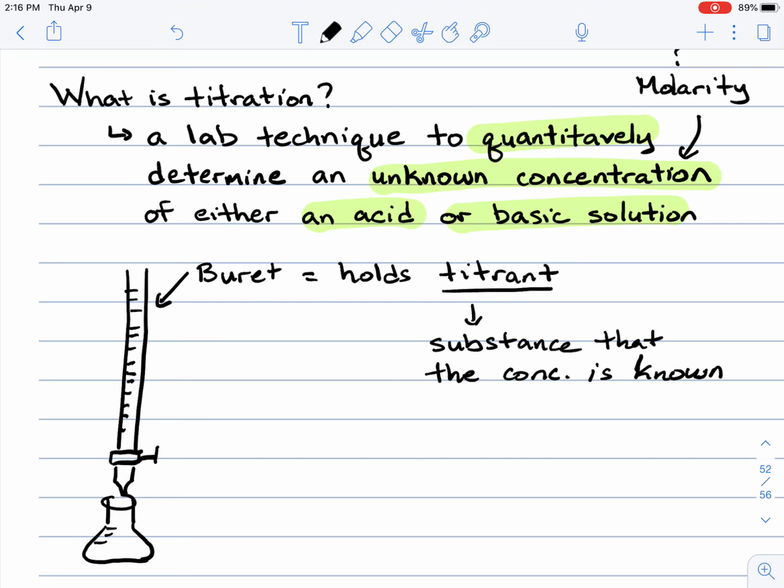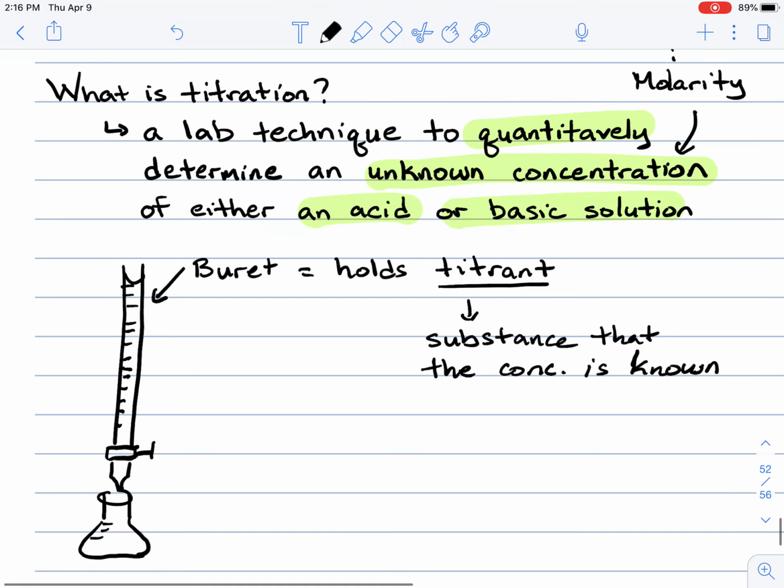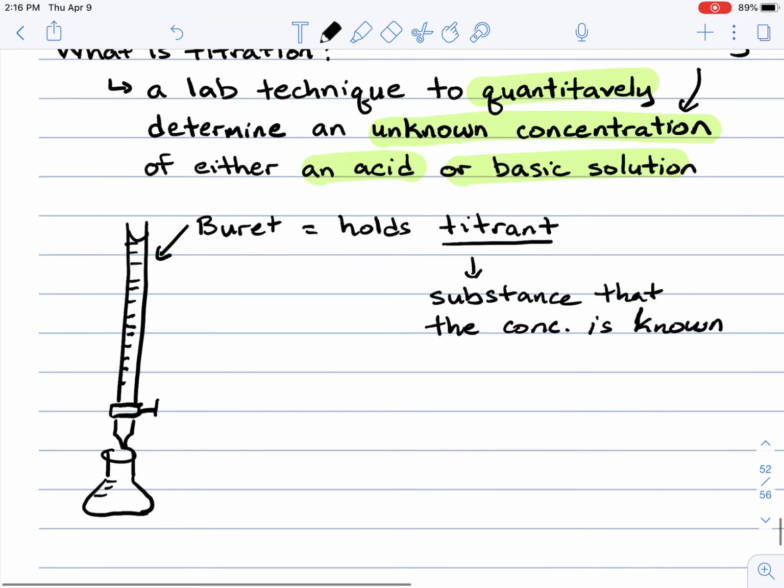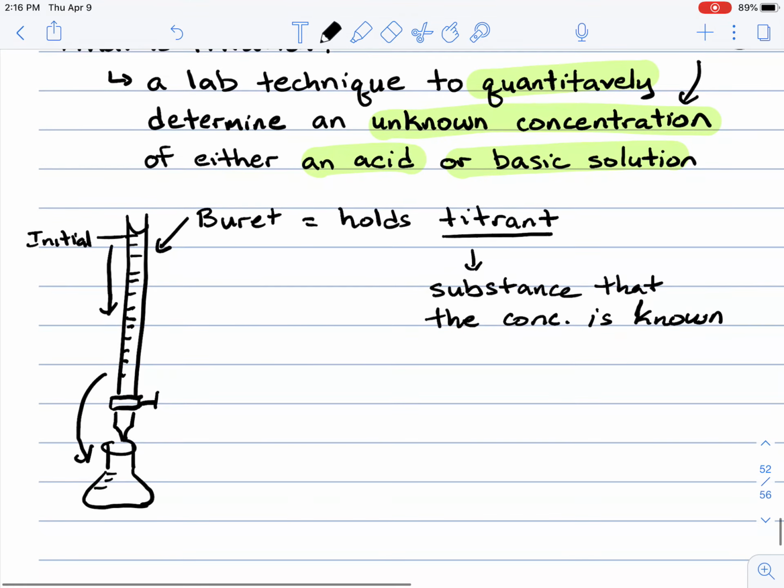As you transfer your titrant into this Erlenmeyer flask, it's measuring the difference. Let's just say that this is the initial volume. It's measuring the change in volume. In other words, the increments are being used to quantify how much volume you've added into the Erlenmeyer flask.